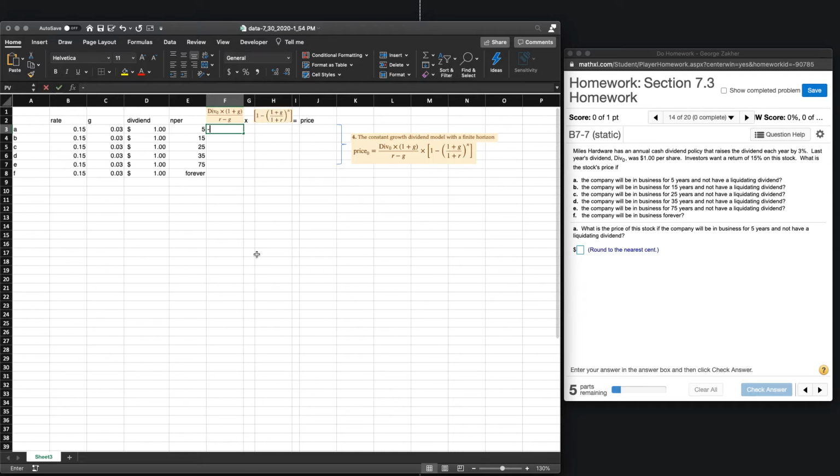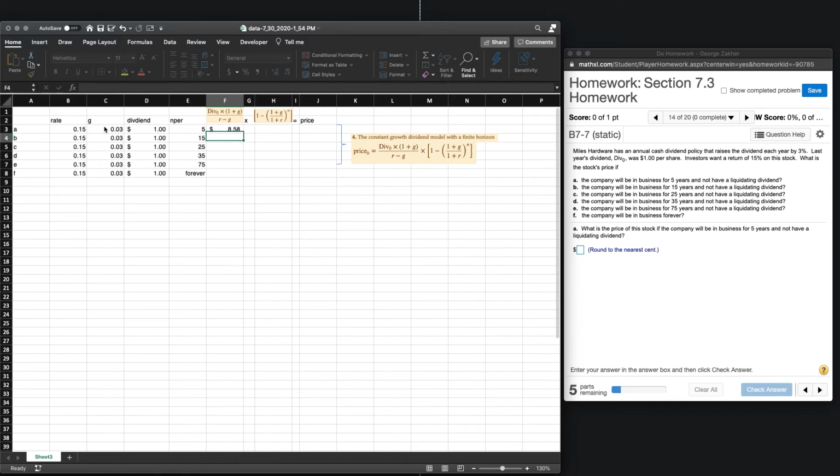Our dividend, that $1 multiplied by 1 plus G. Our G, our growth rate, is in decimal form. Then we're going to divide that by R minus G. That gives us 5.85.